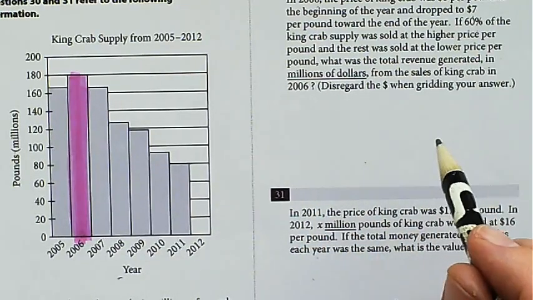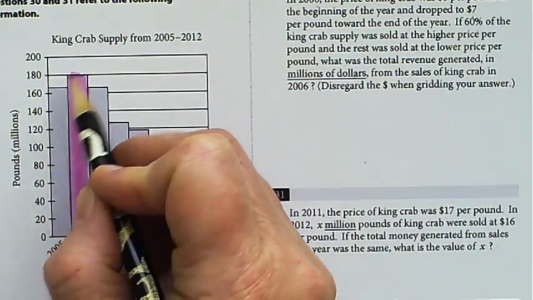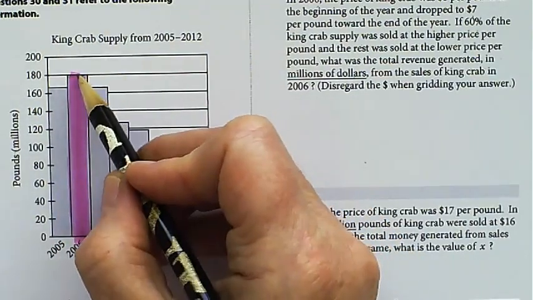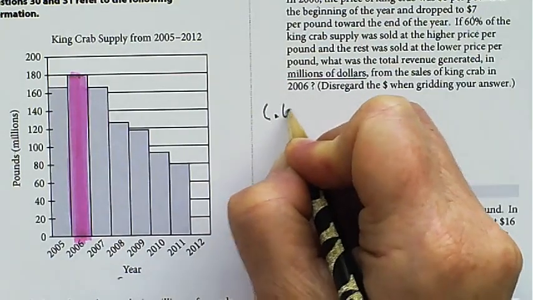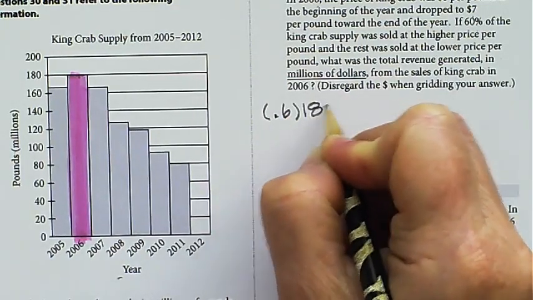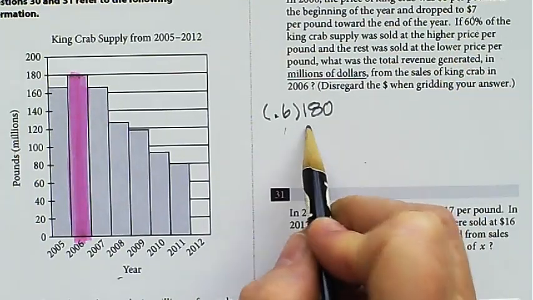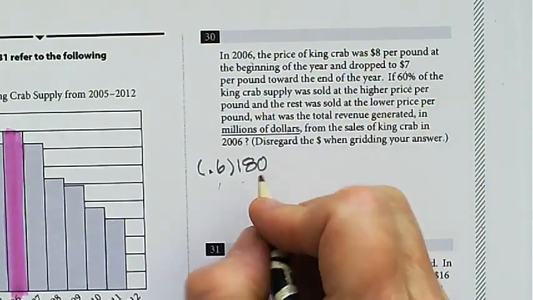You're going to have to put it in millions. So if 180 million pounds of king crab was sold, 60% of that would be 0.6 times 180, sold at the higher price, which was $8 a pound.